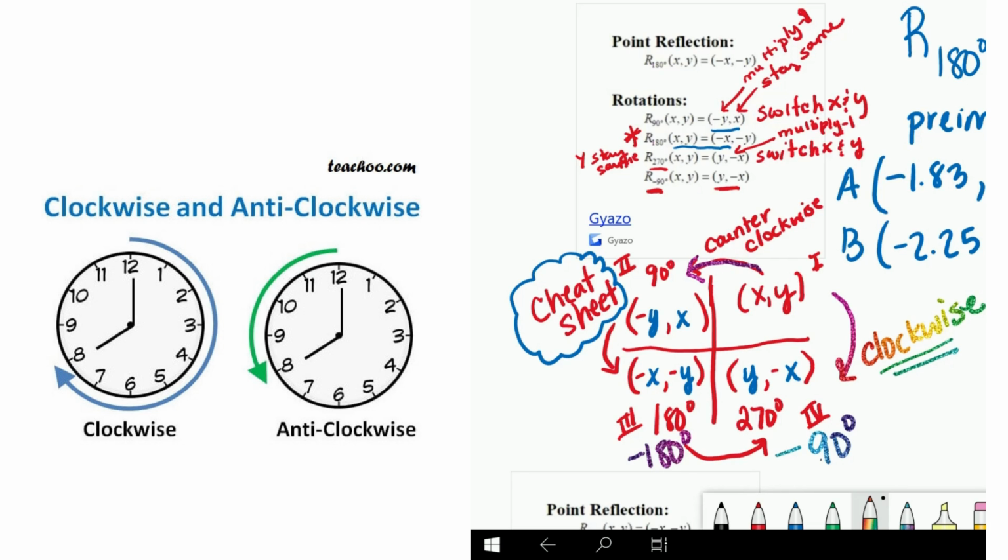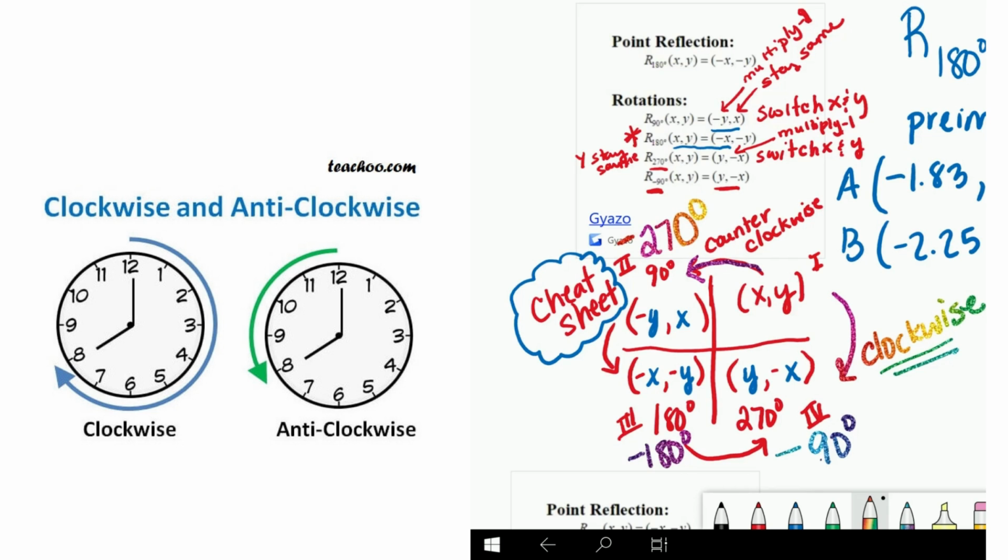If I said I want to go negative 180 degrees, that means I want to go this direction. Notice that negative 180 and 180 are the same, something I mentioned earlier. With 180, it doesn't matter if we go counterclockwise or clockwise, we end up in the same place, right here. Still going clockwise, if I go around and end up here, that's another 90 degrees, so that makes this negative 270 degrees.